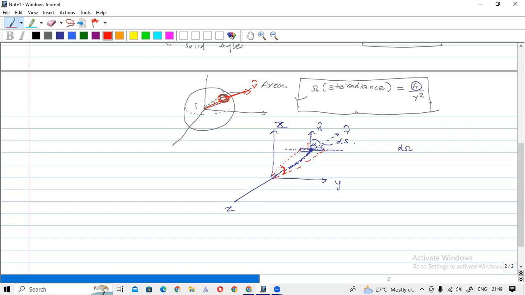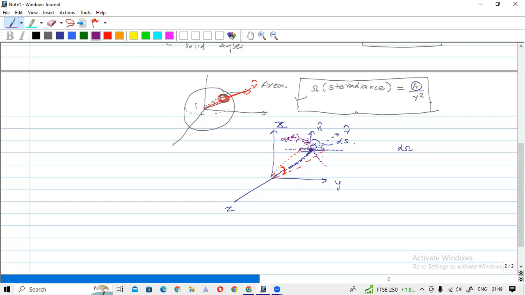If you consider the line perpendicular to this r hat, like this, this angle is 90 and this angle is alpha, so this angle will be 90 minus alpha. So this line is perpendicular to r hat.